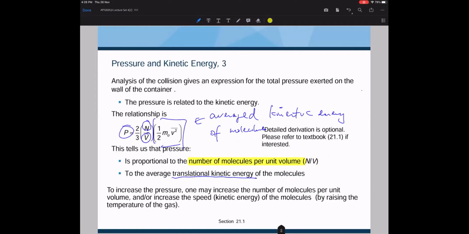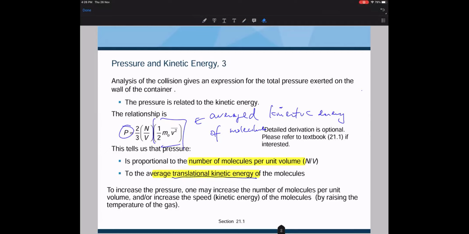And it is also proportional to the average translational kinetic energy of the molecules. So with that equation, we could understand how we could change the pressure. You can have more molecules, smaller volume, or you could change the kinetic energy of the molecules.